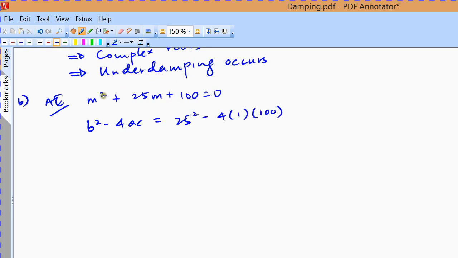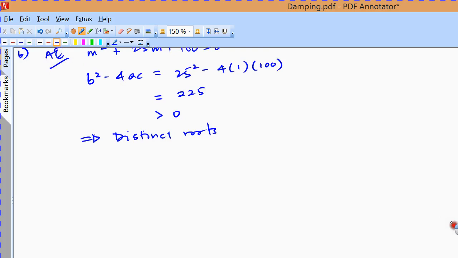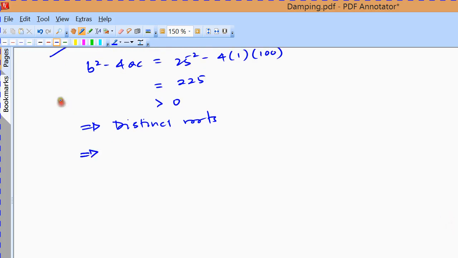This is 625 − 400, which is 225, which is of course positive, which means that the quadratic equation has distinct roots. Distinct roots indicate that our system is overdamped. So in this case, overdamping occurs.